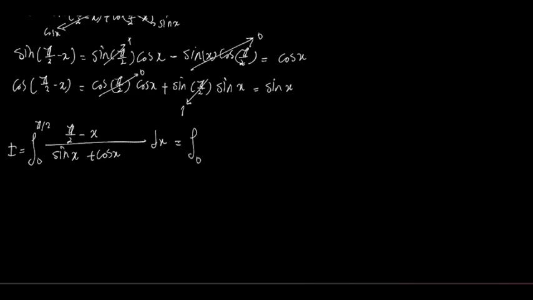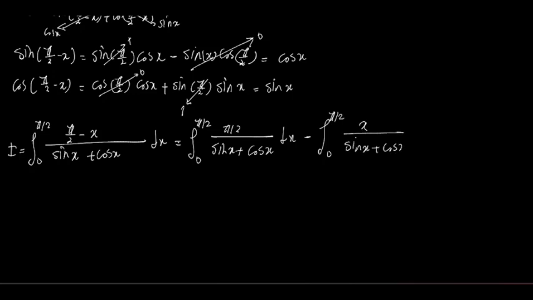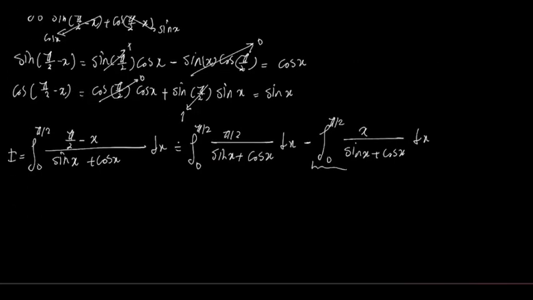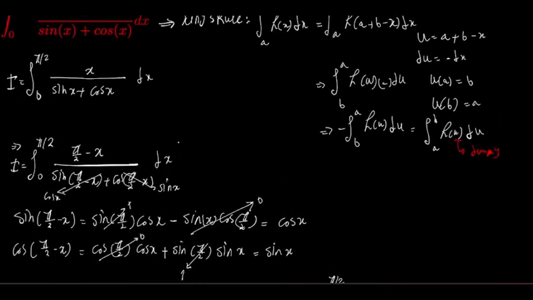It's the integral from 0 to pi over 2 of pi over 2 over sine of x plus cosine of x dx, minus the integral from 0 to pi over 2 of x over sine of x plus cosine of x dx. And you'll notice that this is essentially the integral I that we defined at the beginning of the video, which is the integral from 0 to pi over 2 of x over sine of x plus cosine of x dx.